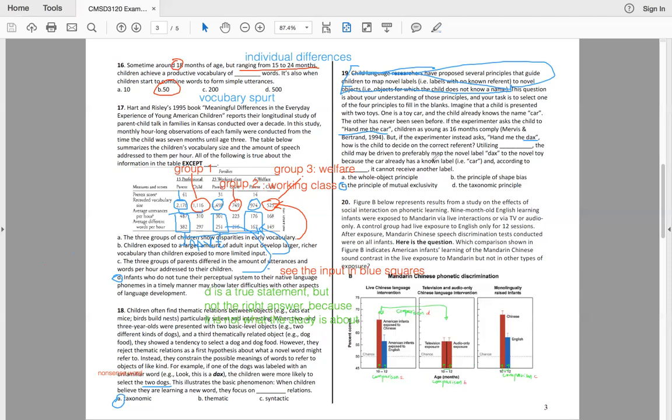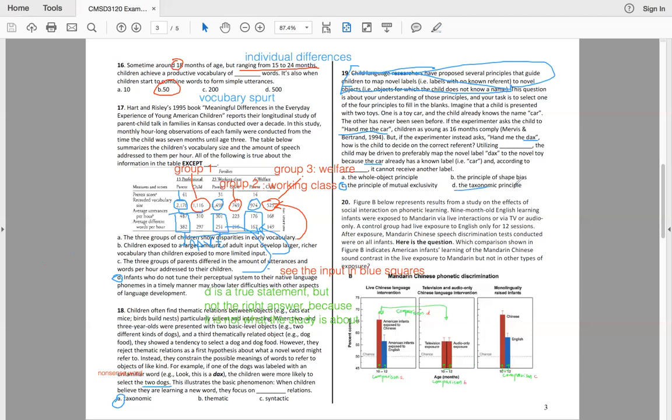Since the toy car already has a label, it cannot receive another label. So the answer is C. The whole object principle is the principle that a new word will refer to the whole object, not part of the object, not some property of the object.